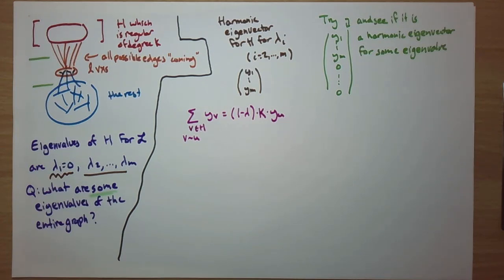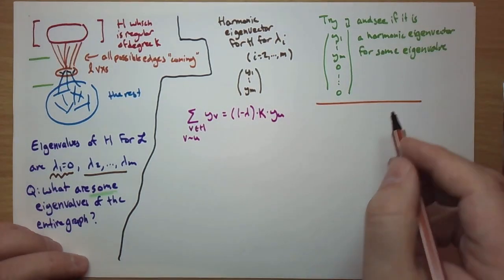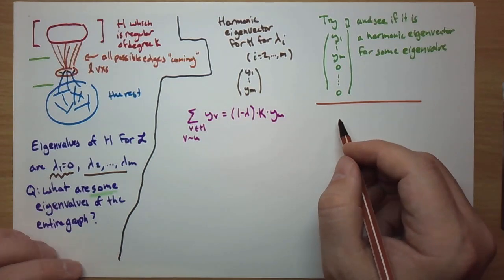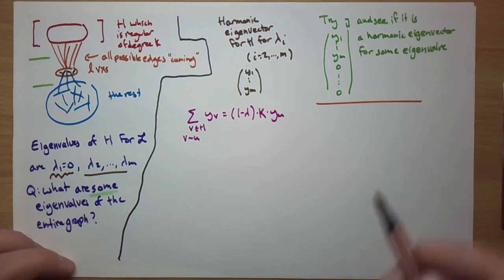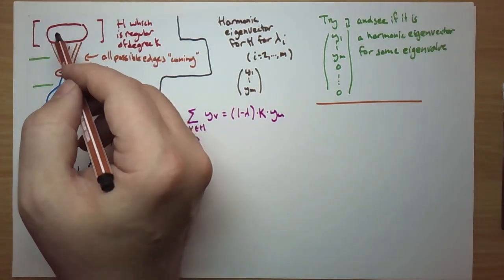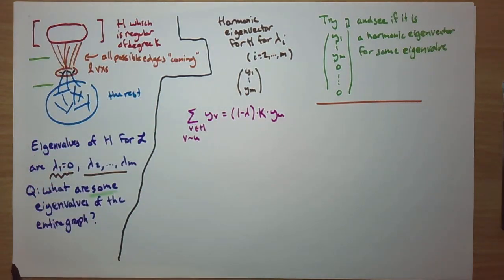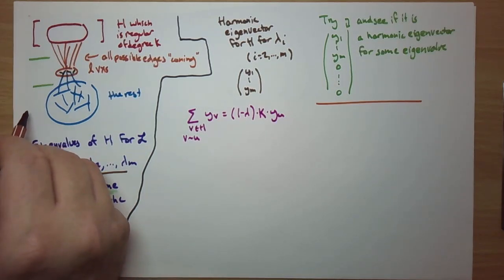Now, we come to a couple of, let's do it over here. So what's going to happen? Well, we have 3 cases to consider. Where should we begin? Let's start down at the bottom.